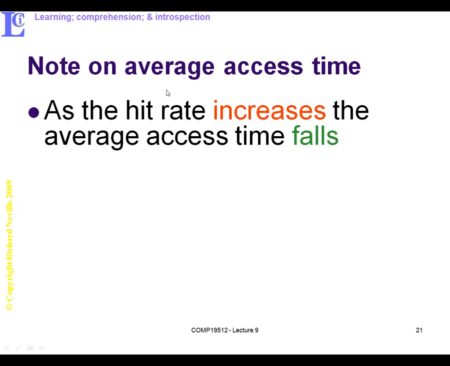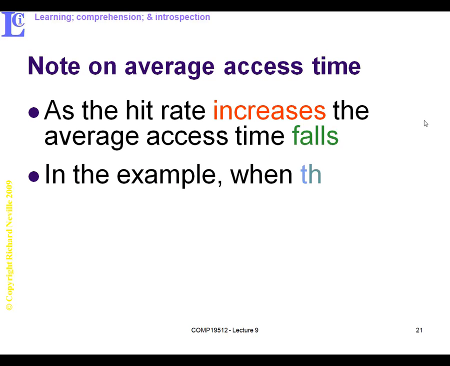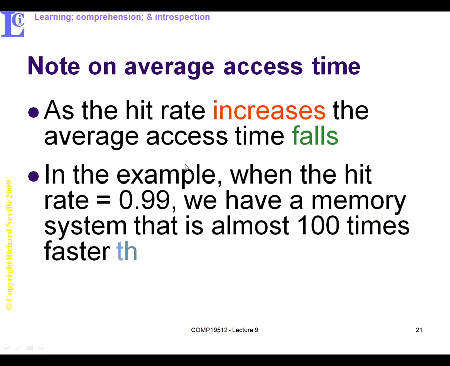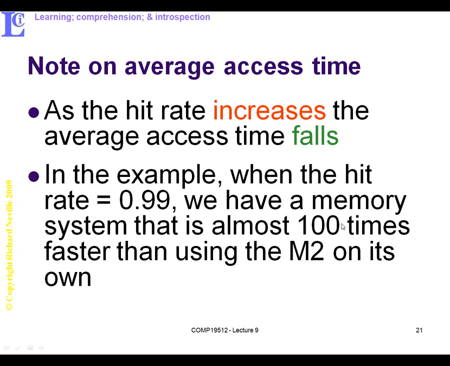What we can note from this is that as the hit rate increases, the average access time falls. The more often you access data that's in the primary memory, the faster your average access time, as we've seen from the examples. So if we have a hit rate of 0.9, it's 100 times faster than using M2 on its own. So it's very, very fast.